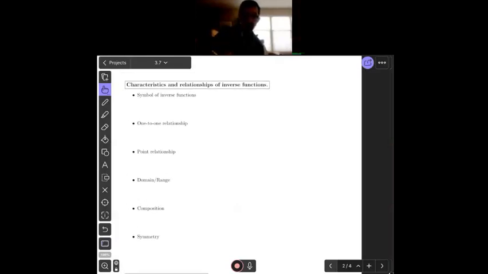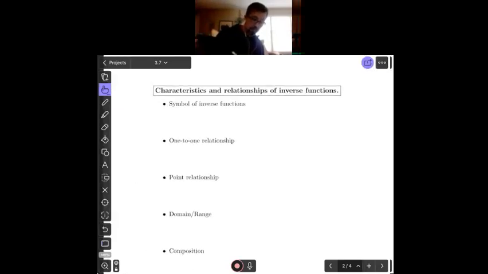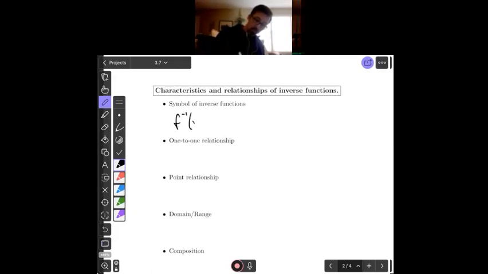Okay, so characteristics and relationships of inverse functions. Start off with just a notation thing. So f inverse of x, that's how we write that.